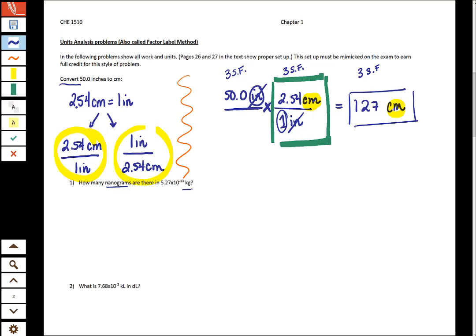So the things that you have to have memorized are the metric to metric conversions. So things like 1,000 grams is 1 kilogram. So having that memorized. Knowing that there are in 1 gram 10 to the 9th nanograms.